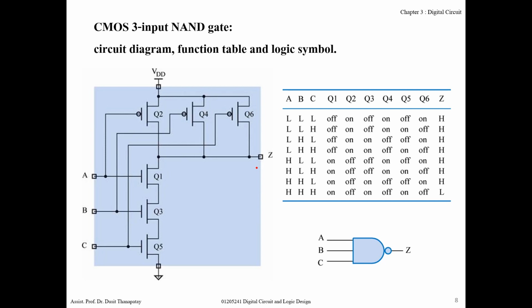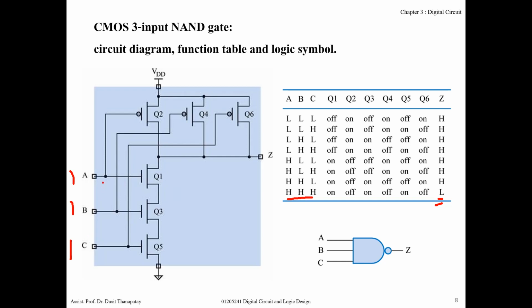And you do something like this. Then you will get the complete truth table, and then you will know that this one is a NAND, a 3-input NAND gate. It will be low only when all of the inputs are high.